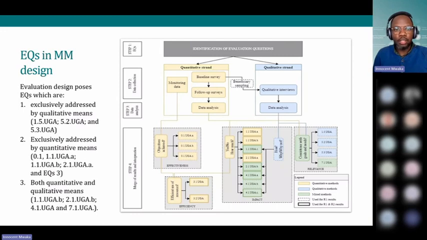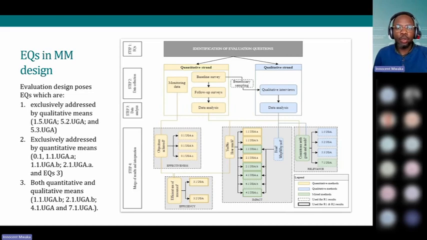This first part is more around design and data collection, and we see that, for instance, after the baseline survey, we could take that sample to support us with the qualitative sampling for the focus group discussions and the in-depth interviews. Where you see blue, this is qualitative, where you see green, it's mixed methods, and where you see yellow is quantitative.